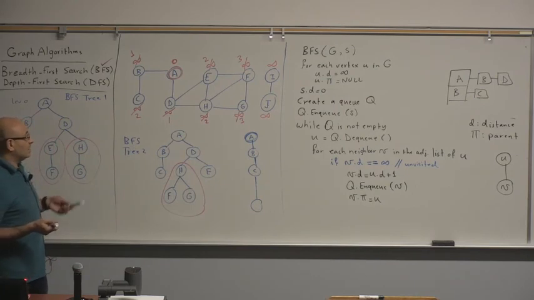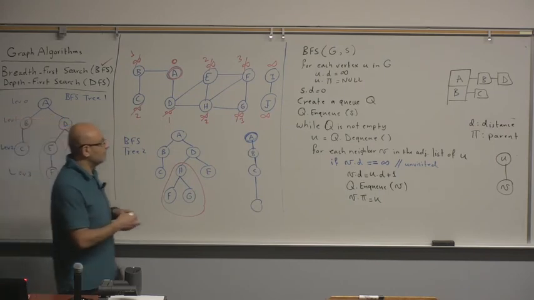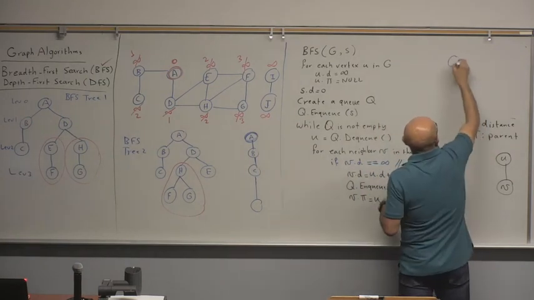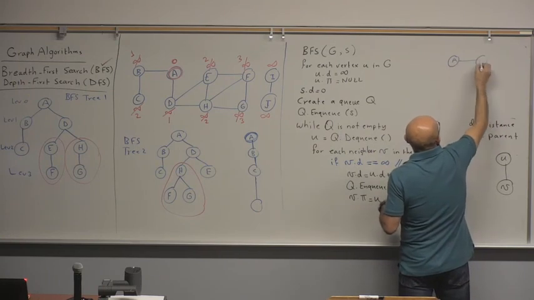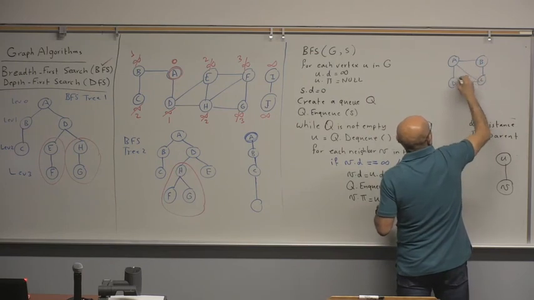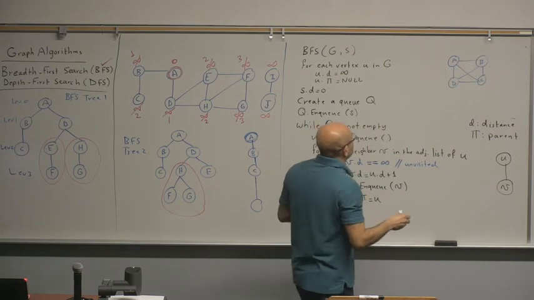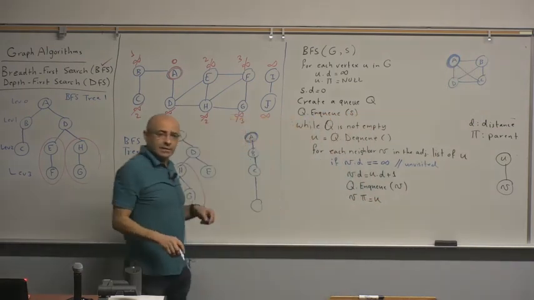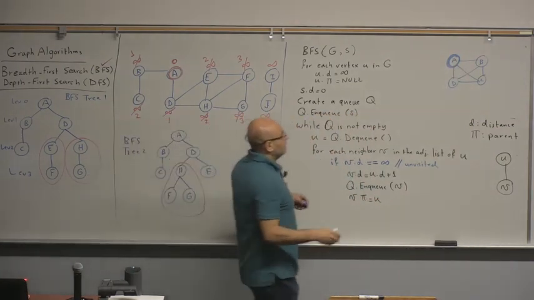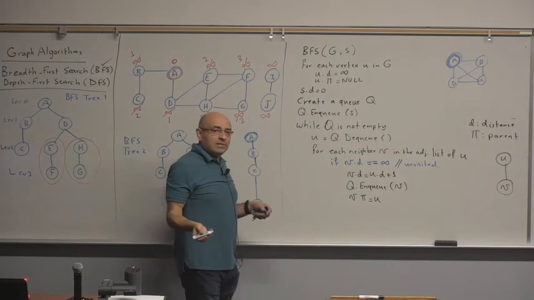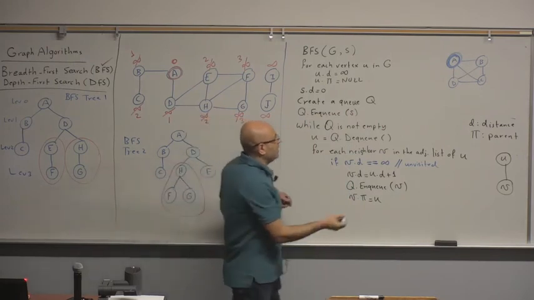For example, if you have a complete graph A, B, C, D, and suppose your source is A. Because it's complete, all of them can be children of A, but in which order?